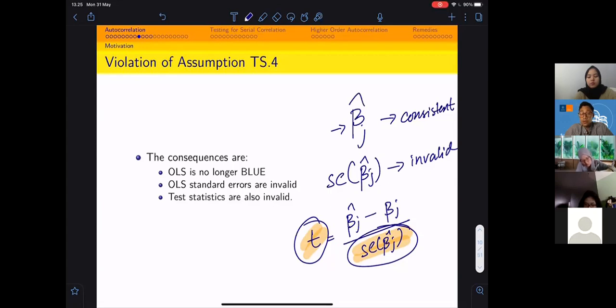Having a valid standard error allows us to make a better inference. If there is no effect, then there's truly no effect. But if there is a significant effect, then we want the estimate to allow us to detect that significant effect. All right.